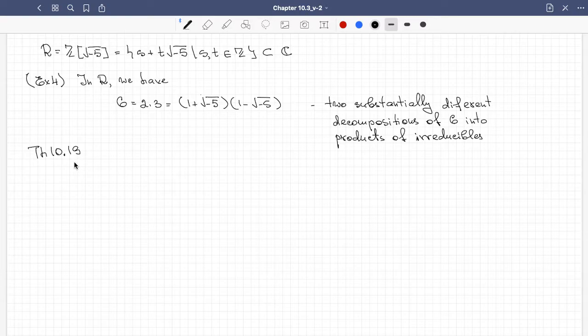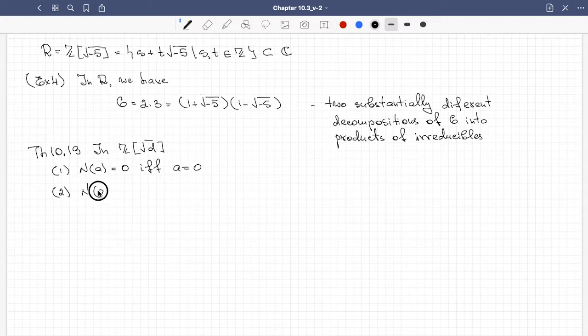Theorem 1019 tells us that in general in Z of root of d, d is a square free integer, N of a is 0 if and only if a is 0, and secondly we have the multiplicativity of norm, N of a times b equals N of a times N of b.